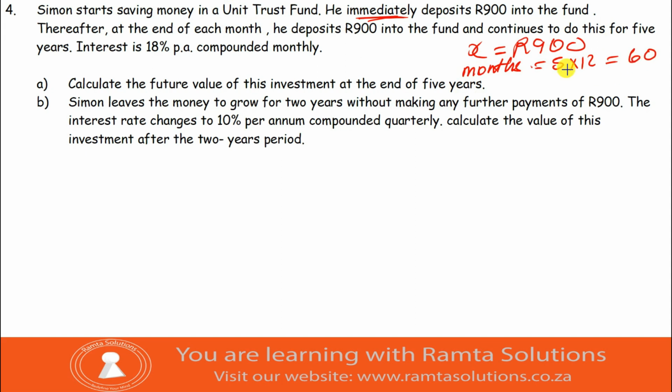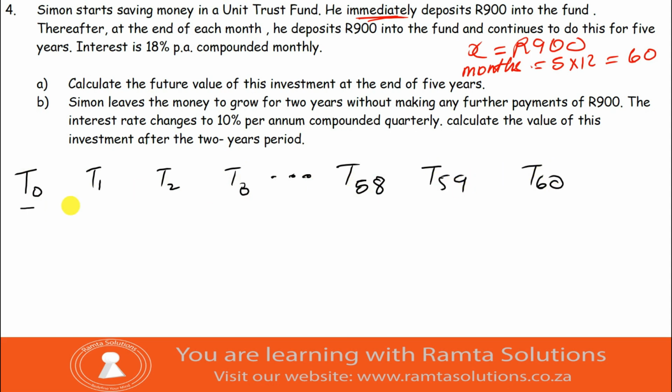Right? Perfect. Now, let me show you a timeline. So our timeline is T0, T1, T2, T3. I'm going to do until T3, then jump and say T58, T59, and T60. So remember, he's depositing immediately.